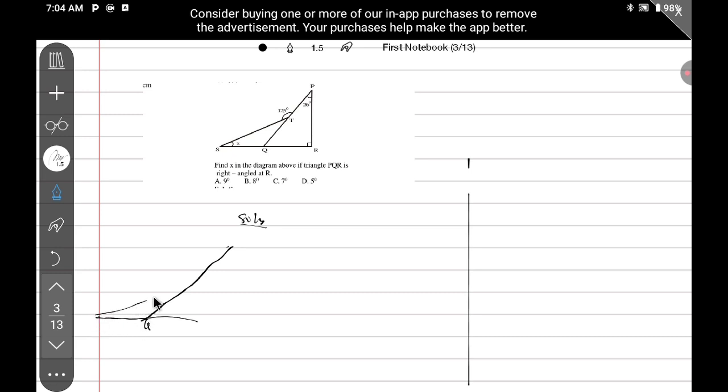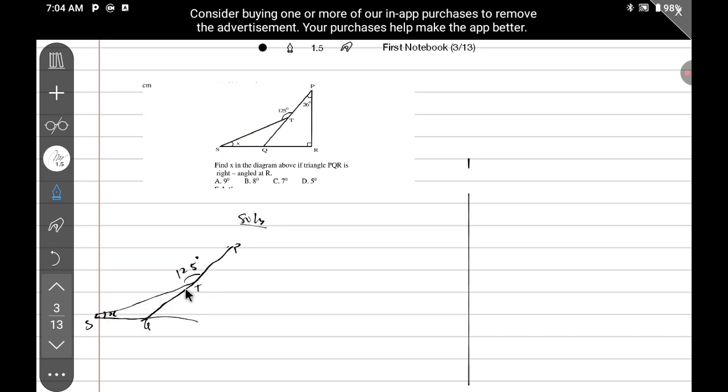This angle S and this angle T here, and this is P. And the angle that lies here is 125 degrees, and this is the angle S we want to look at.